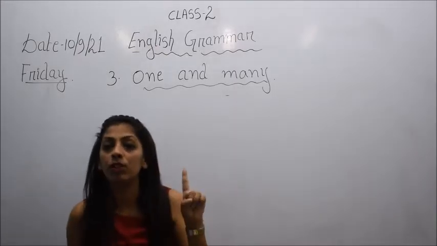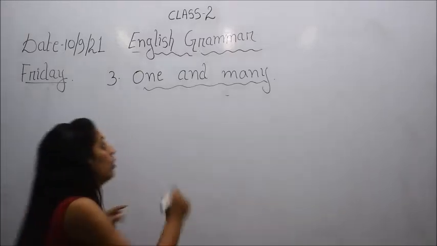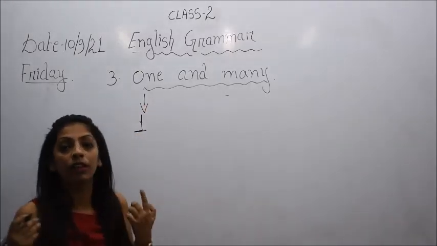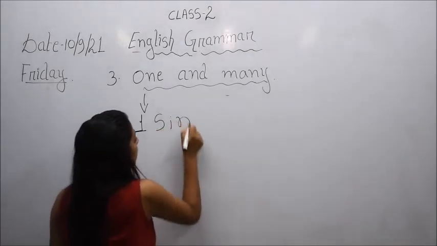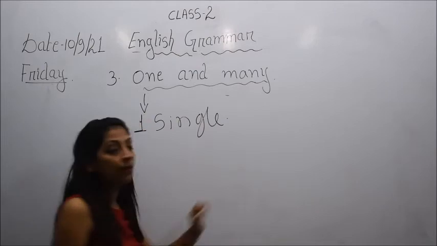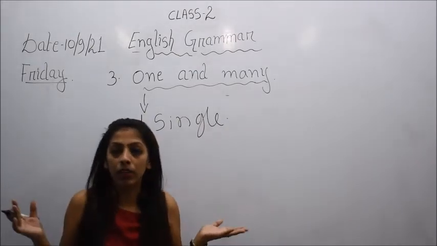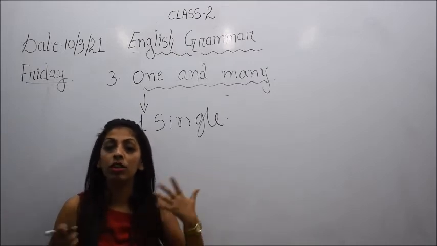So one means what? One means something which is one in number, or something which is single. And what do you understand by many? Many means so many. It may be more than one, or more than two.